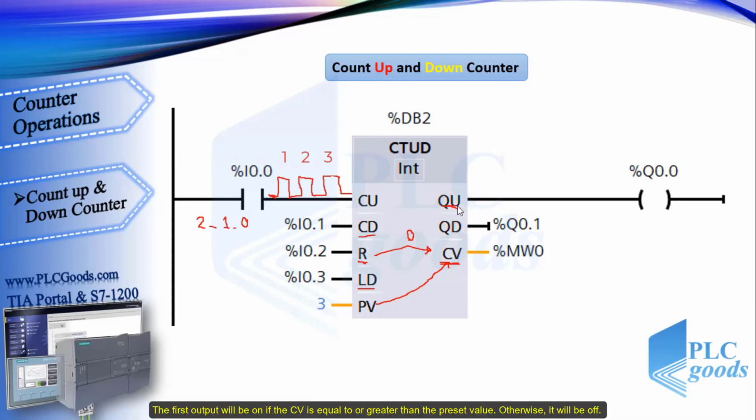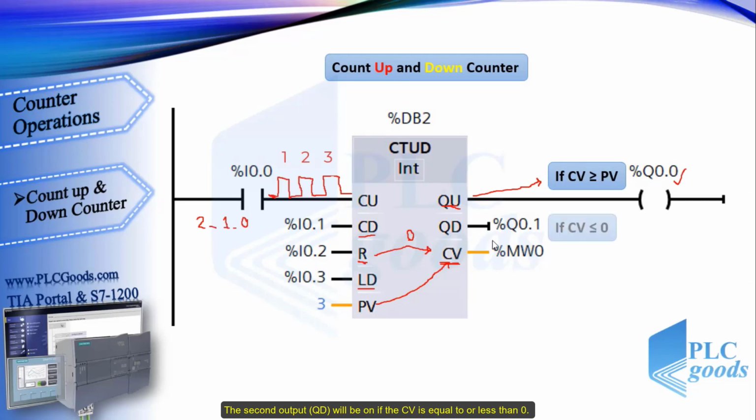The first output will be on if the CV is equal to or greater than the preset value. Otherwise, it will be off. The second output, or QD, will be on if the CV is equal to or less than 0. And also, we can get the counter value using the CV output.